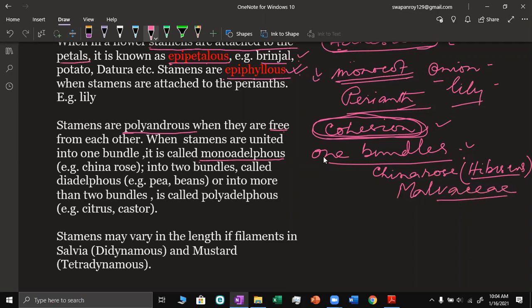This is a characteristic of Malvaceae. The next, after one bundle, is two bundles, meaning the stamens form two bunches, and this is called diadelphous.